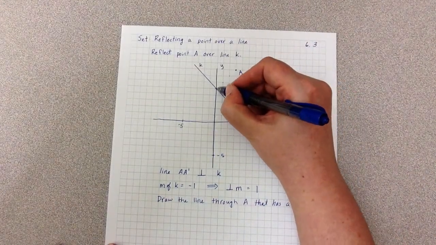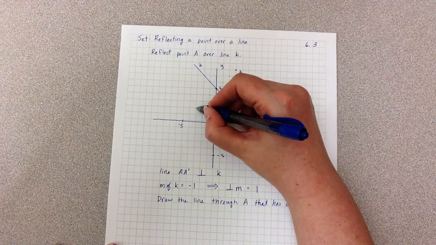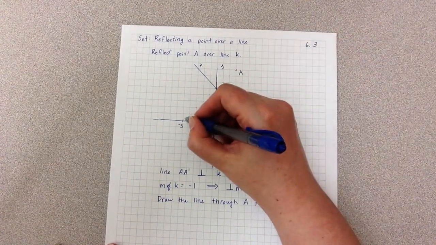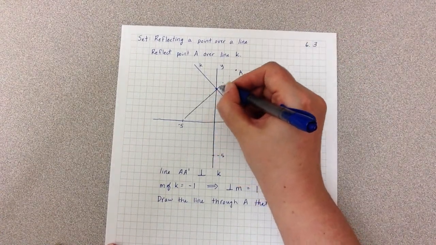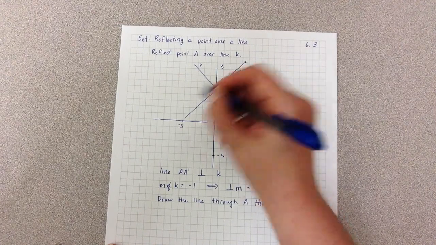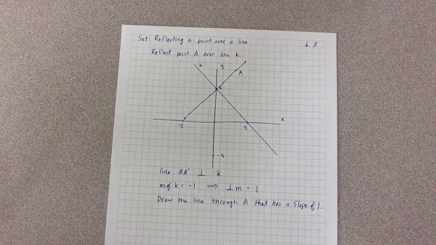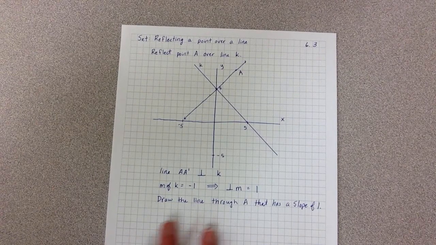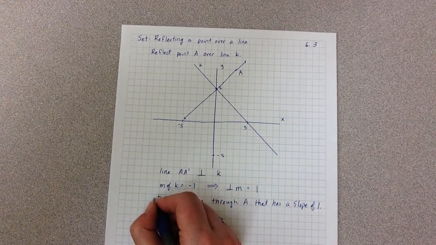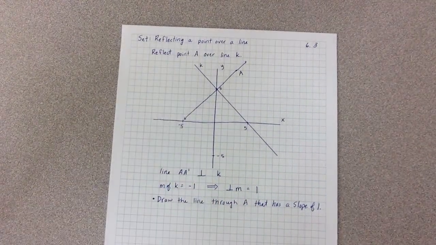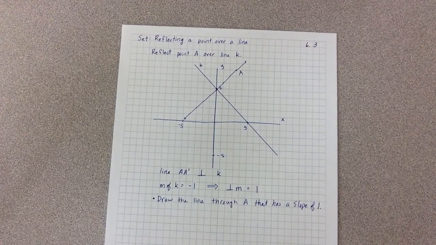I place a couple of dots here so that I can see that lovely slope. And there I have that line. So this whole conversation was really about getting down to this step, which is to draw the line through A that has a slope of 1.